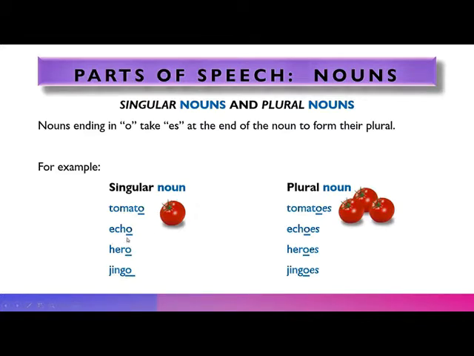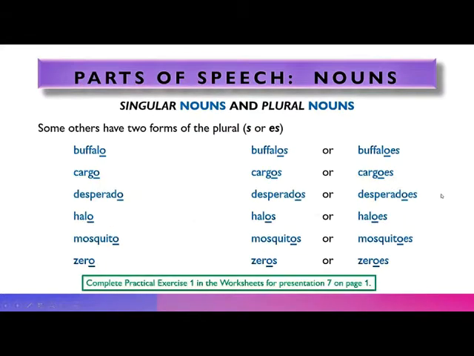Singular noun, echo. Plural noun, echoes. Singular noun, hero. Plural noun, heroes. Singular noun, jingo. Plural noun, jingos.